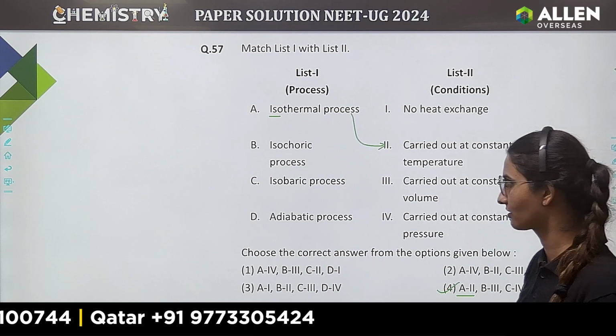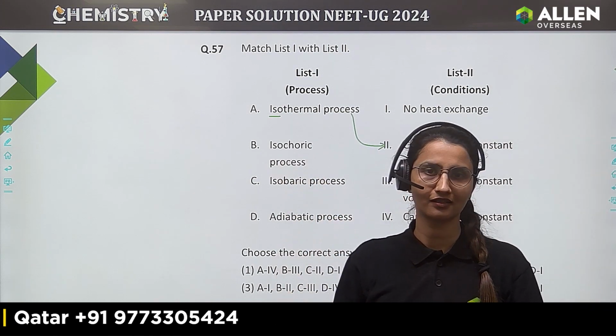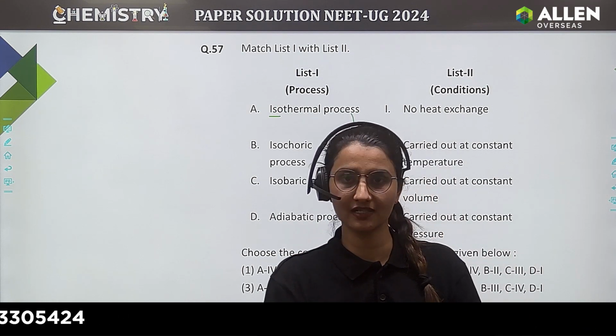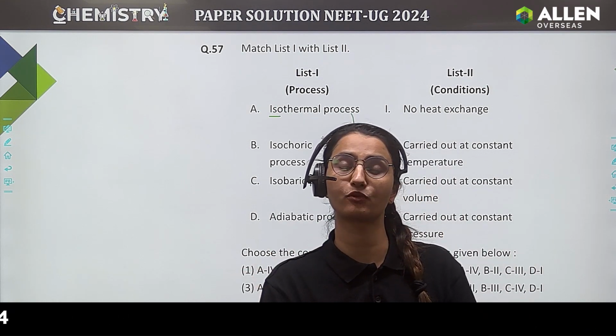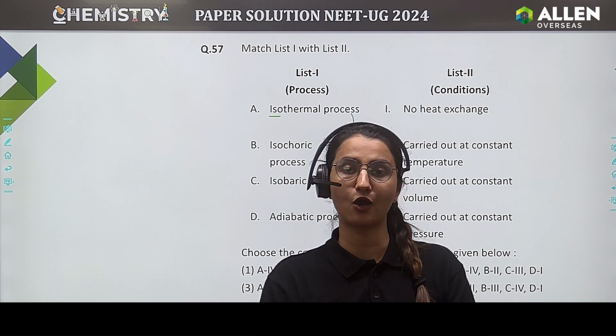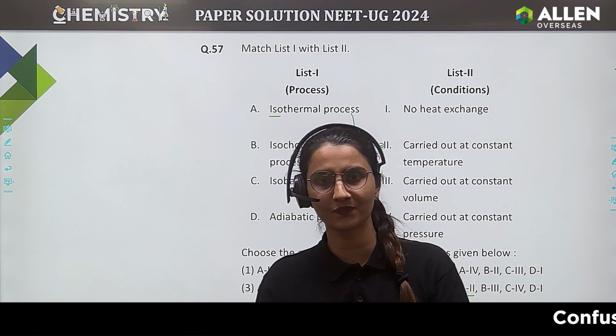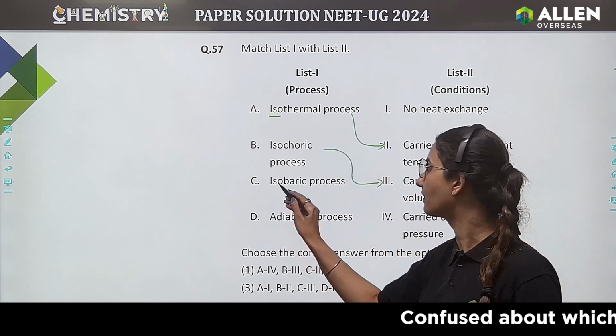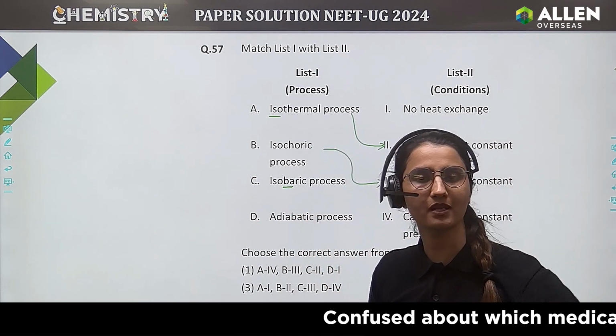Still, let's match. Isochoric. What is isochoric, students? The word choric is used for volume, right? Isochoric means a process carried out at constant volume. So what is the correct option? See, bar. Bar is a unit of pressure only.